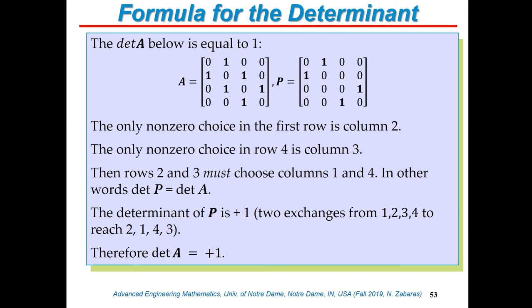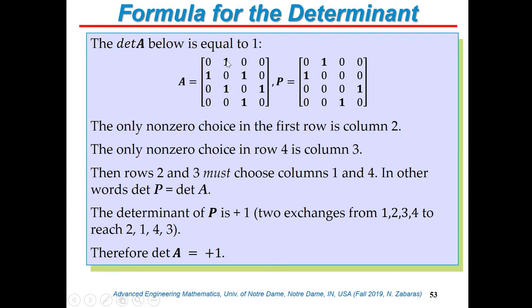Let's say that you're interested in computing the determinant of this matrix A, which has lots of zeros, and you don't want to write explicitly all the terms. So let's start with row 1. In row 1, your only choice to get anything non-zero is to use column 2.